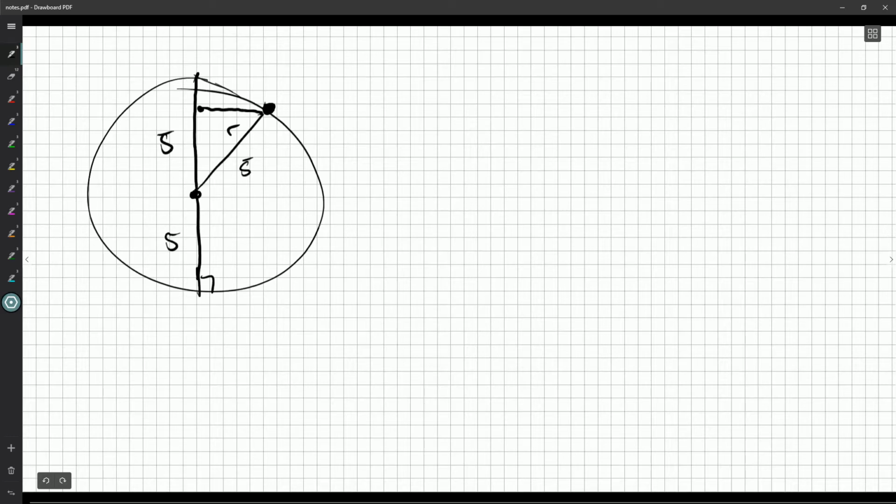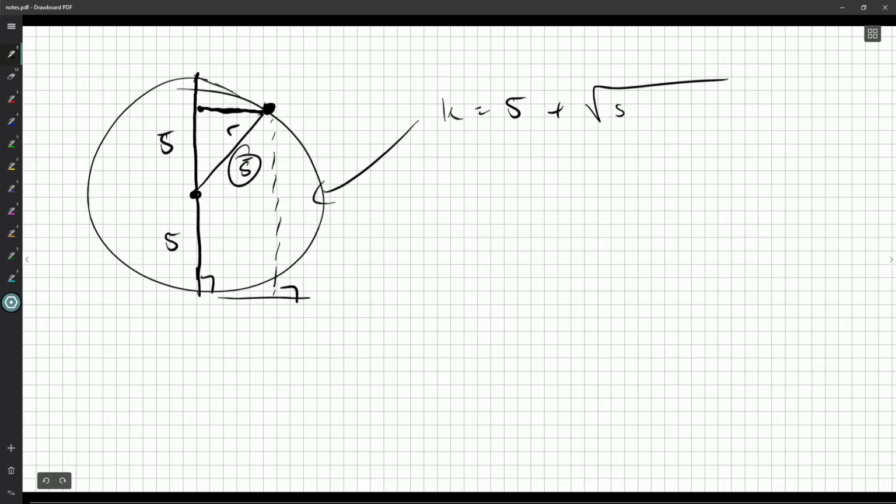So what would be the height of this point off the ground? What would be this value that I've been calling k in terms of this r here? Well, it would be 5 plus the square root of 5 squared, so 25, minus r squared. Right, because that's going to be this distance here. And then we add on this 5 here.